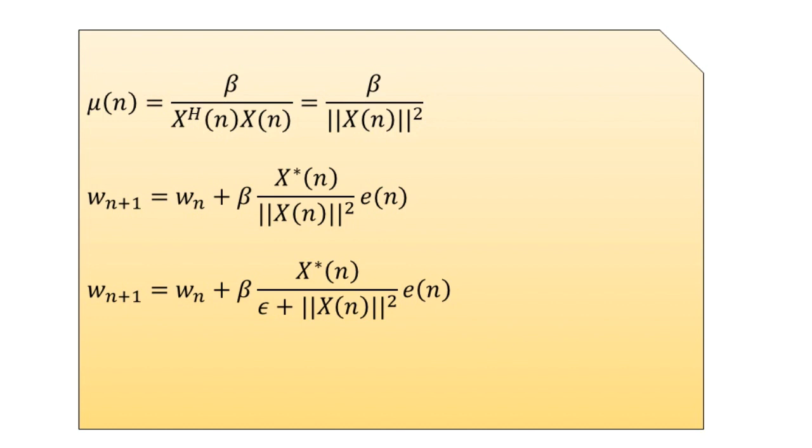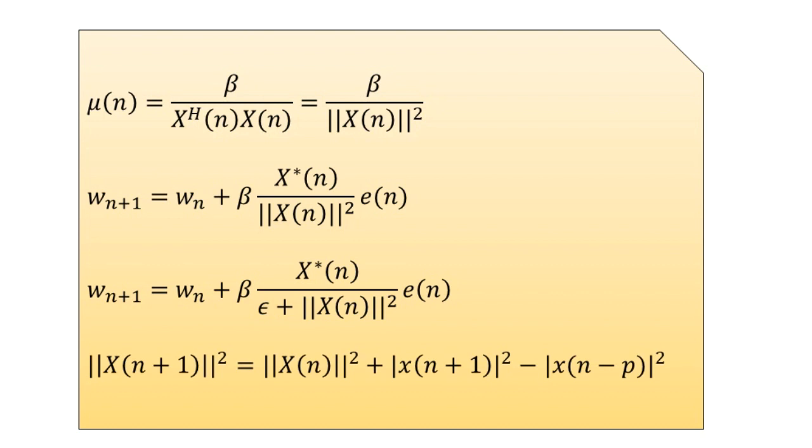Compared to the original LMS algorithm, the normalized LMS algorithm requires additional computation to evaluate the normalization term. However, if this term is evaluated in a recursive fashion, the square of the norm of x of n plus 1 is equal to the square of the norm of x of n added to mod square of x of n plus 1 minus mod square of x of n minus p.